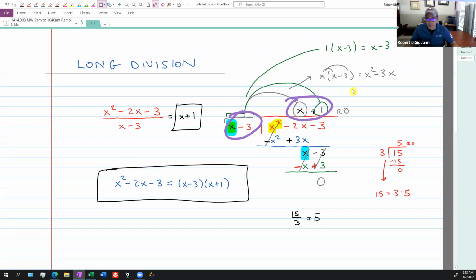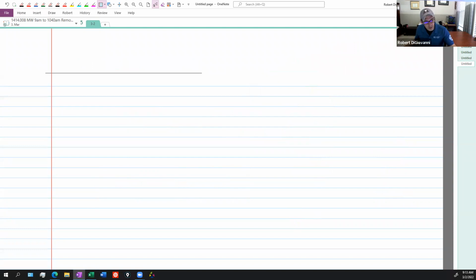All right, let's do another one. I want us to take 6x cubed minus 7x squared plus x plus 1, and I want us to divide it by x plus 2.